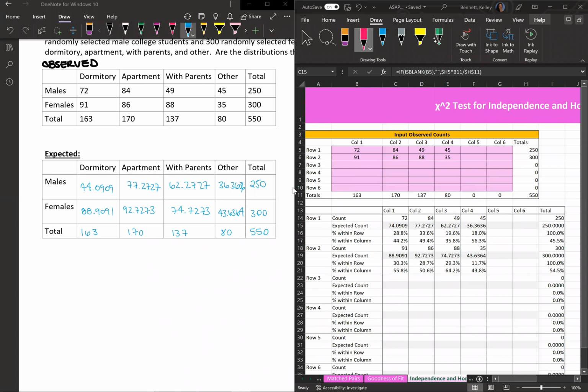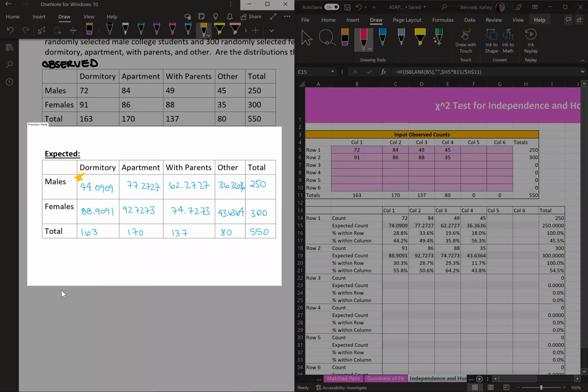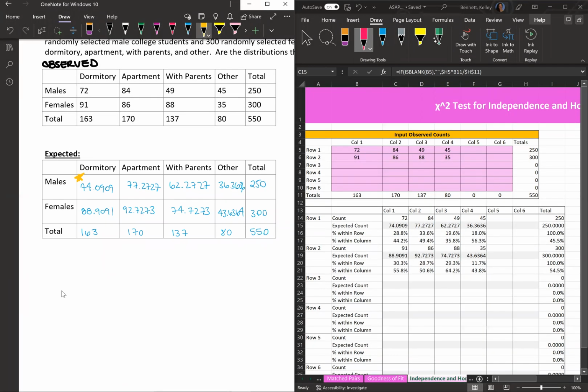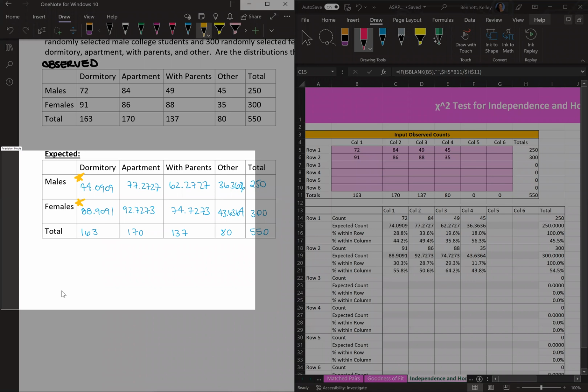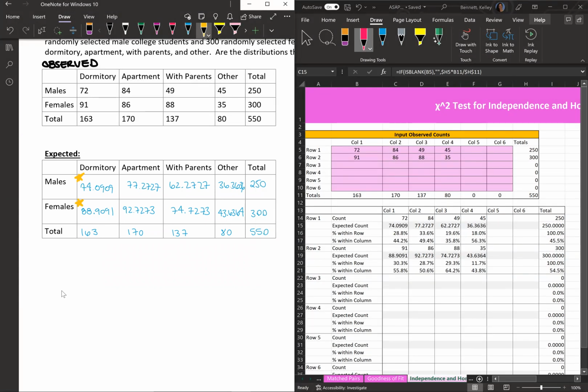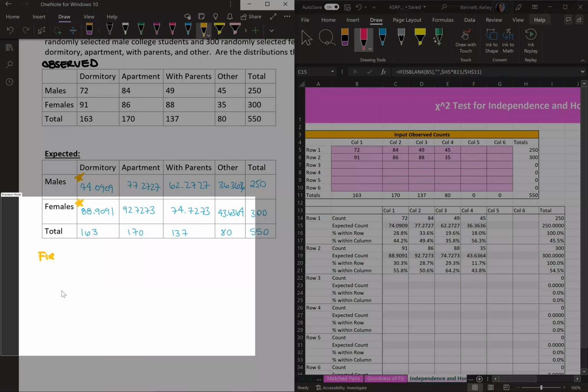What I mean by observing proportionality here is that it's the basis of how we're getting these expected values. So let's just look at one cell. Actually, the first column. What's happening is in the first column, your total is 163.